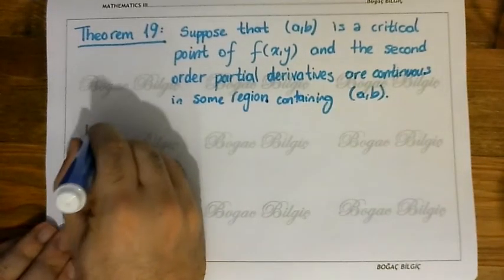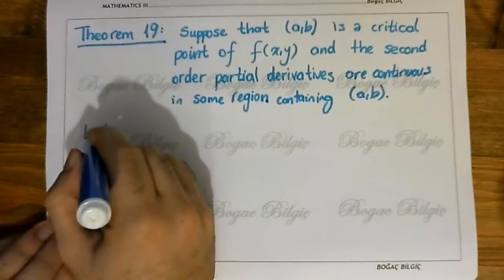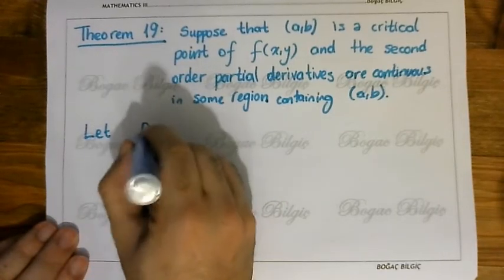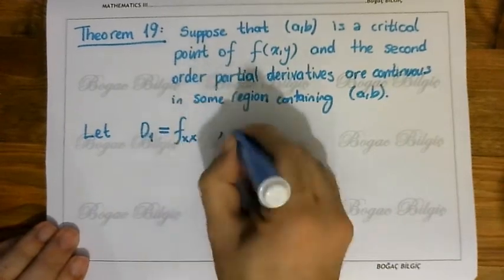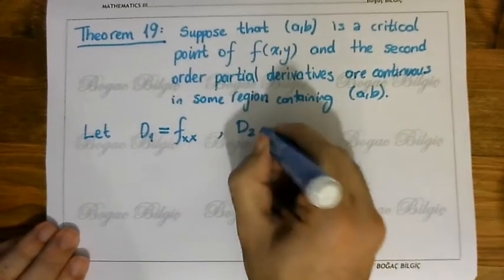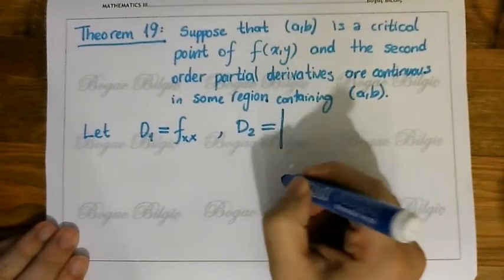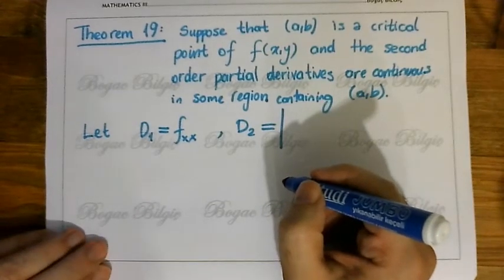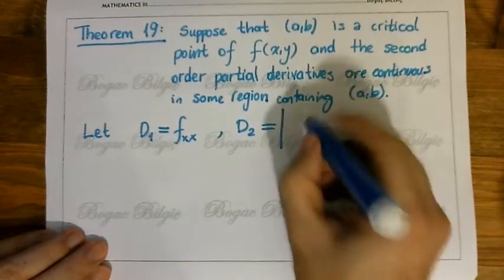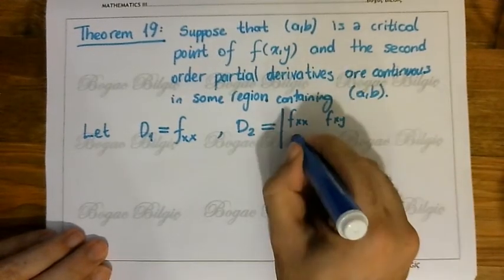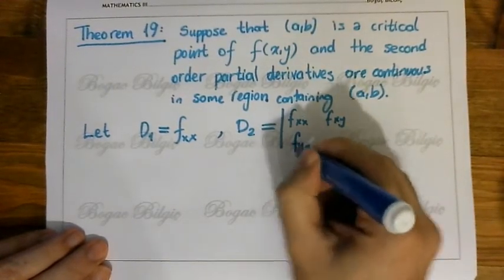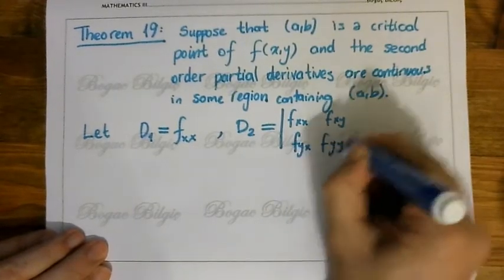Let D1 is equal to fxx and D2 is equal to the determinant of fxx, fxy, fyx, fyy.